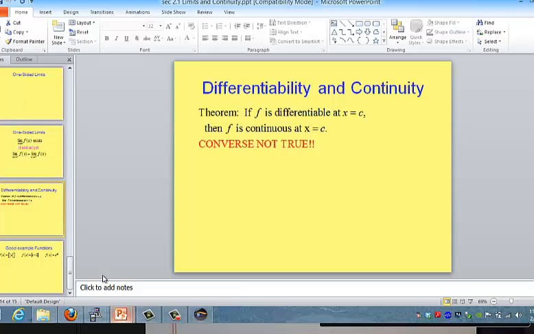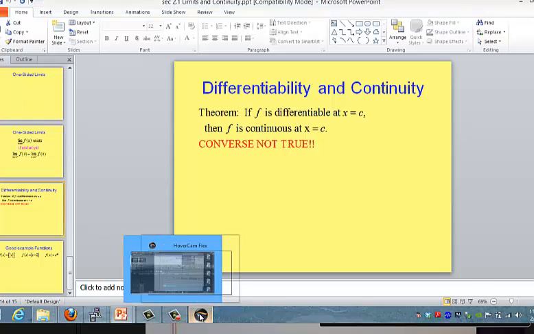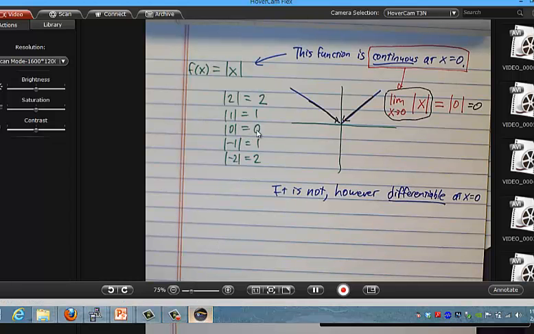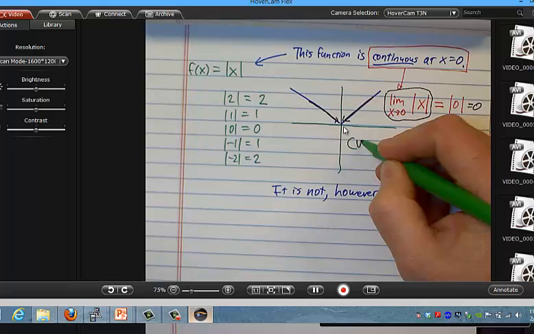Yeah. It might not be differentiable, right? I just showed you that example. Absolute value is continuous, but where is it not differentiable? Right at 0. Why? Because what's that called? That's called a cusp. Right?